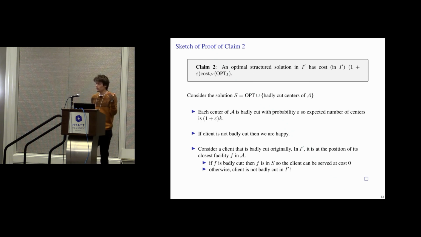So using the former lemma, we can serve it with a constant number of portals. So that's all. That's the proof. So hopefully that shows how to use this notion of Badlicat and how to make it work for clustering.